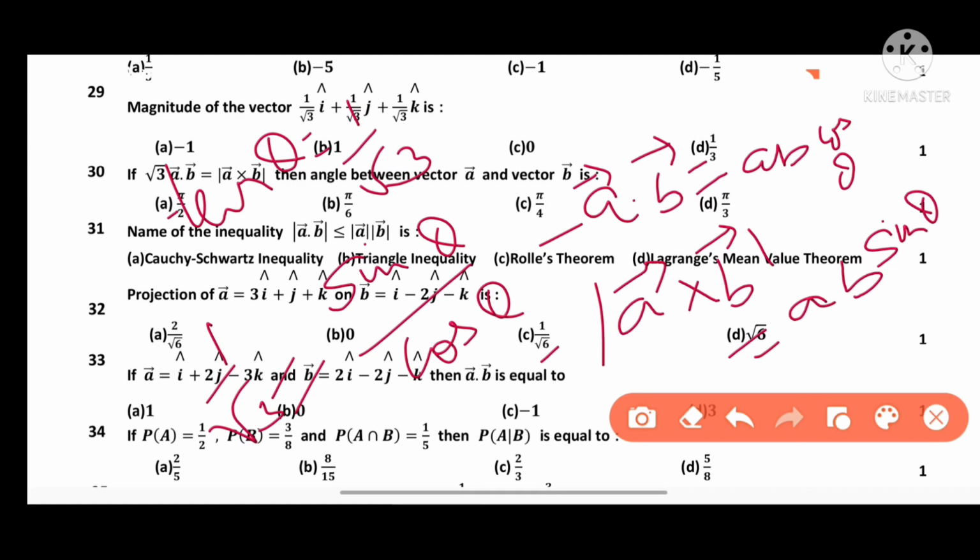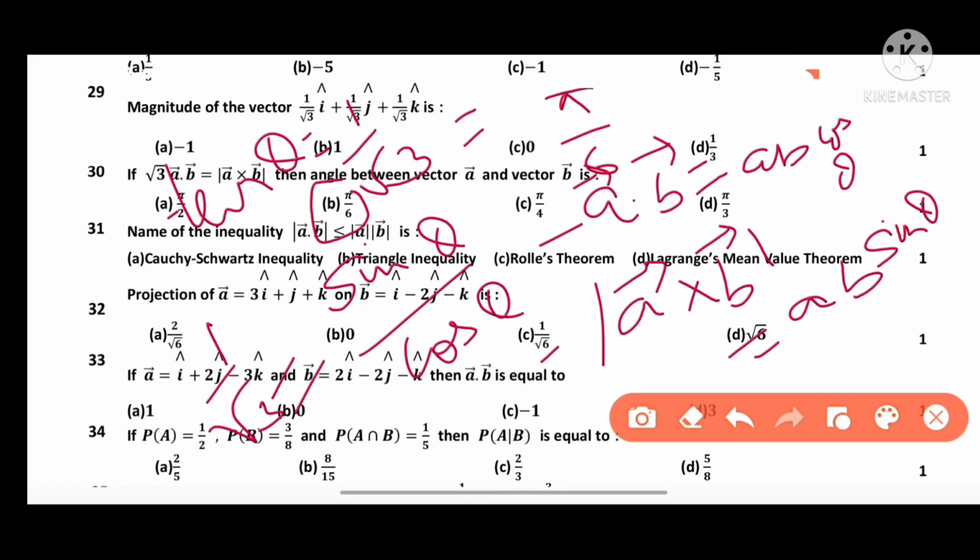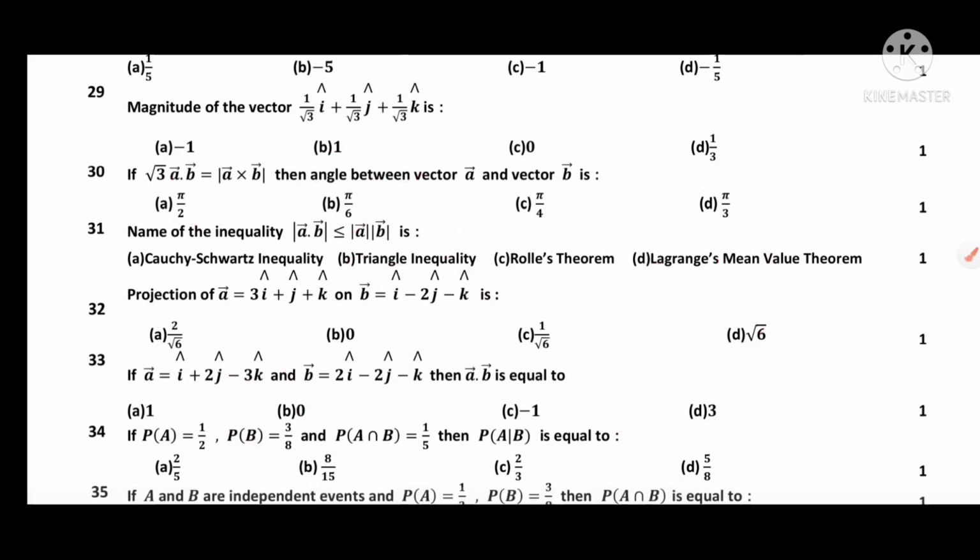So theta is equal to pi by 6. So answer is B option.